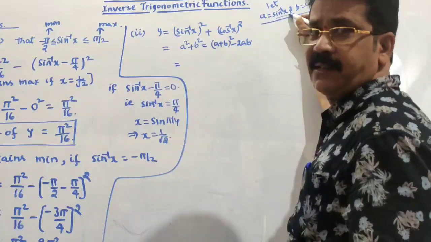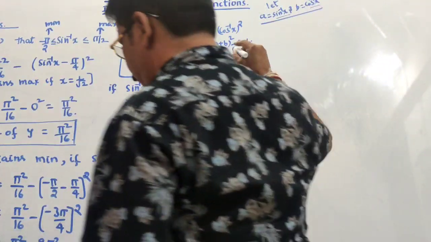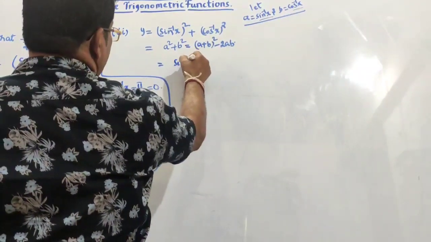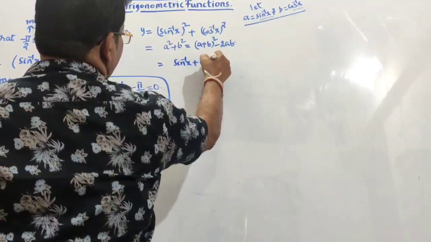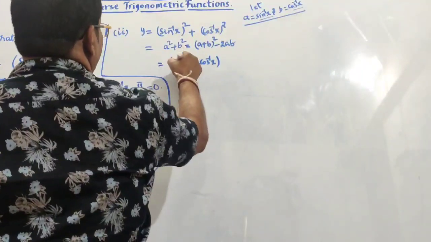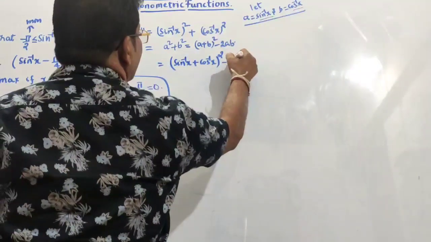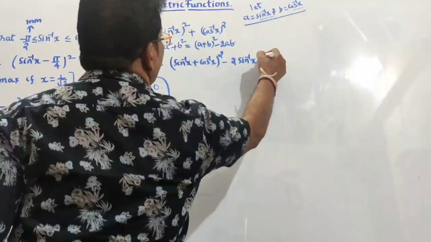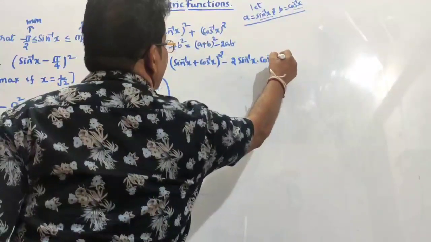So that is equal to a plus b, a is sin inverse x, b is cos inverse x. So therefore it is sin inverse x plus cos inverse x whole square minus 2 sin inverse x into cos inverse x.